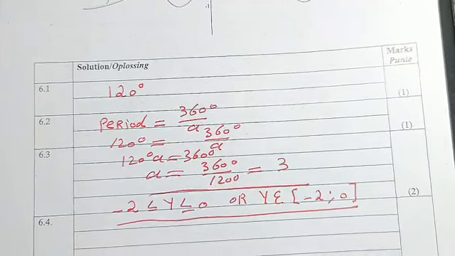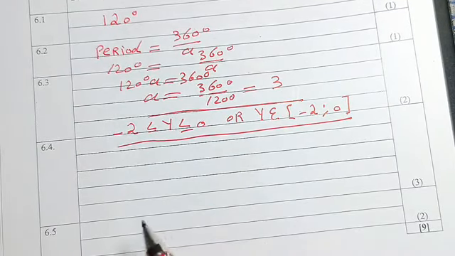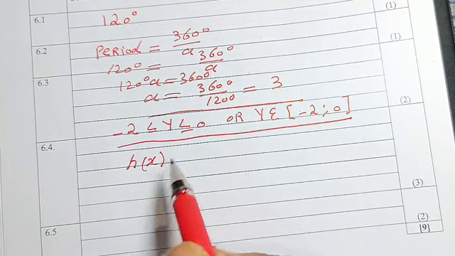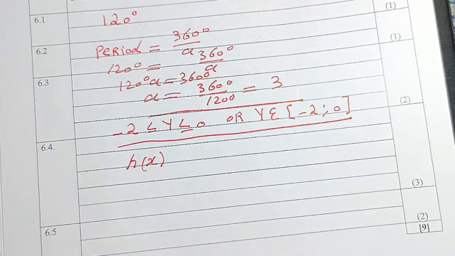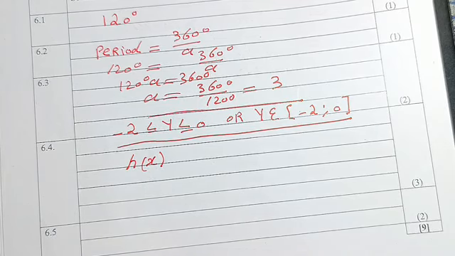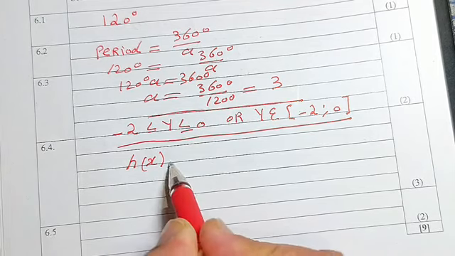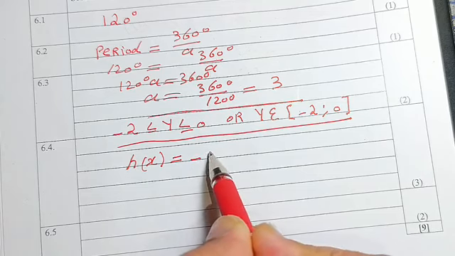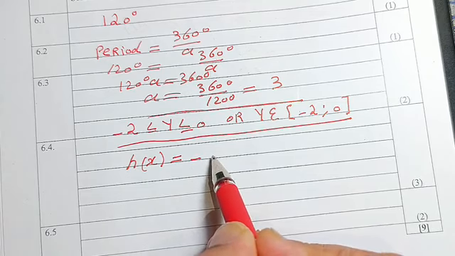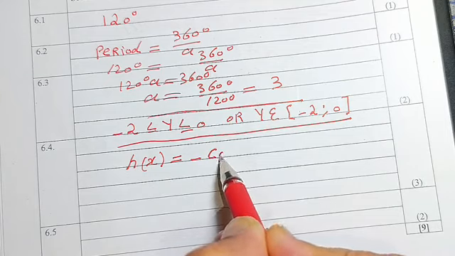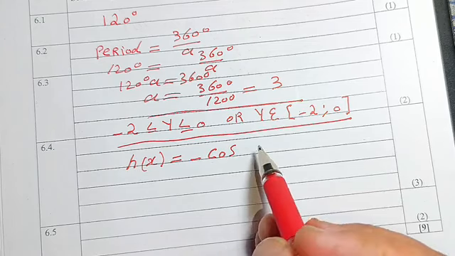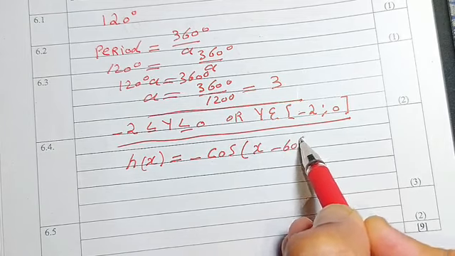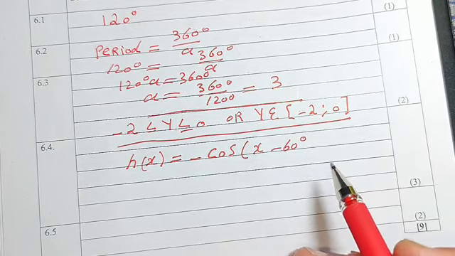So our new equation is h of x, because he says the new graph, the new equation. The new equation h of x is equal to negative cos, because of the reflection in the x-axis, and then x minus 60 degrees, which we already have.